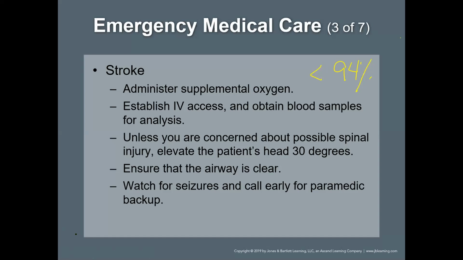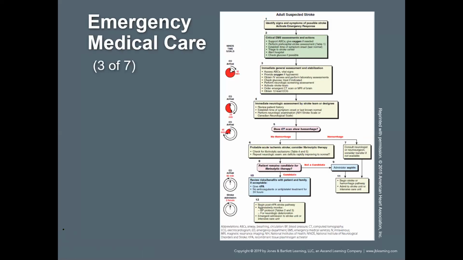Let's see, what else? This is an American Heart Association stroke algorithm. There's a lot of information on it. Pretty much what we've talked about. So clinical EMS assessment and actions right here. We need to limit our on-scene time, early notification to them.